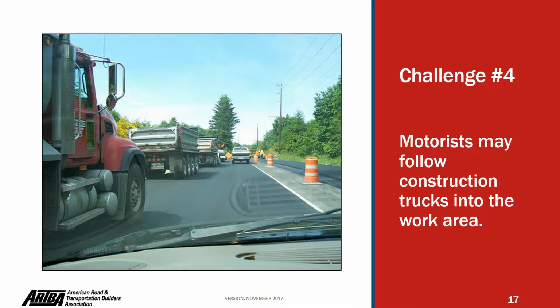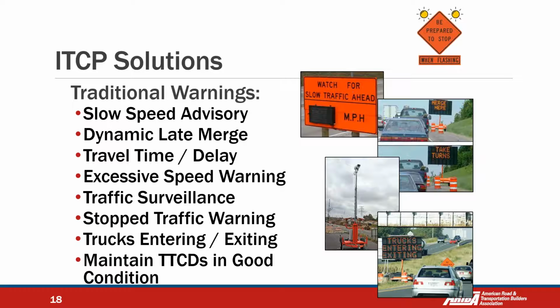So another challenge is that motorists may follow construction trucks into the work area. Okay, it happens. So what solutions do we have? Visual signals are usually recommended for this situation. Traditional warning signals, a slow speed advisory, dynamic late merge, travel time delay, excessive speed warning.